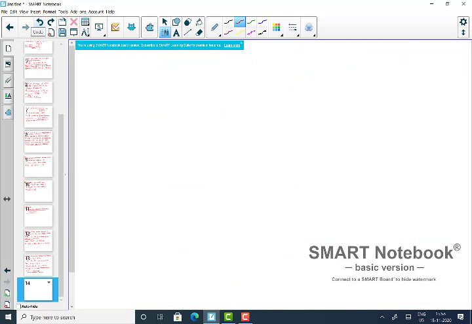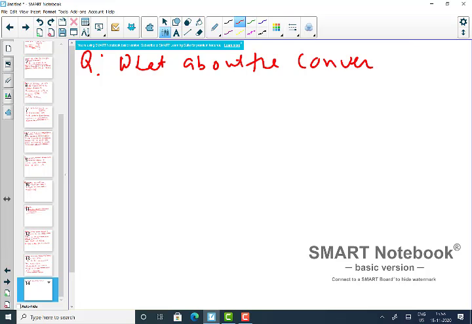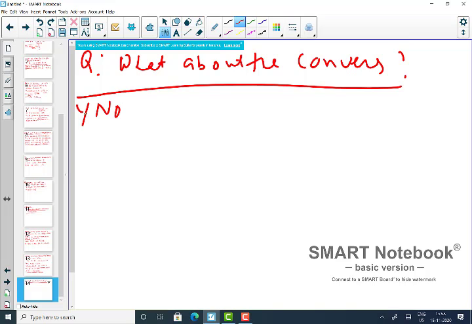But is the converse true? This is a natural question you can ask. So what about the converse? The converse is not true in general.